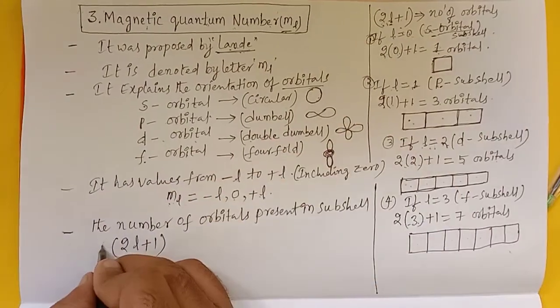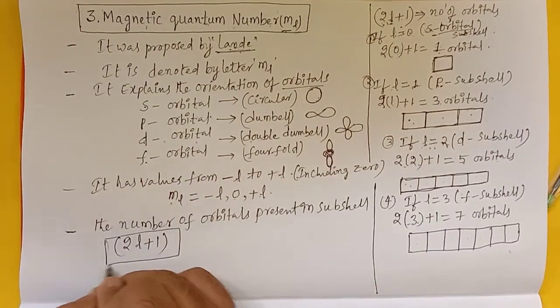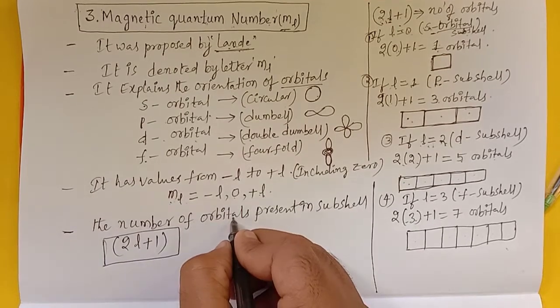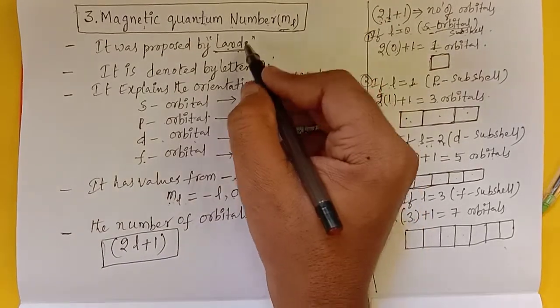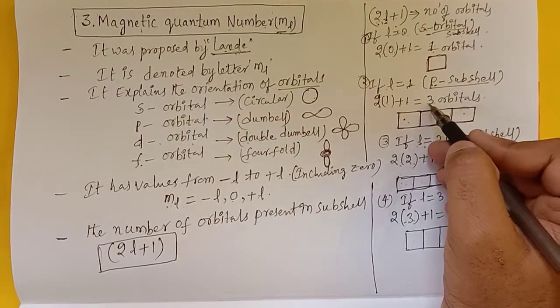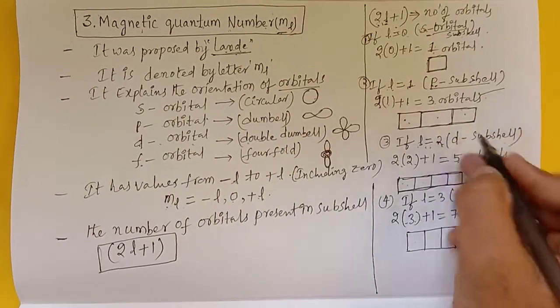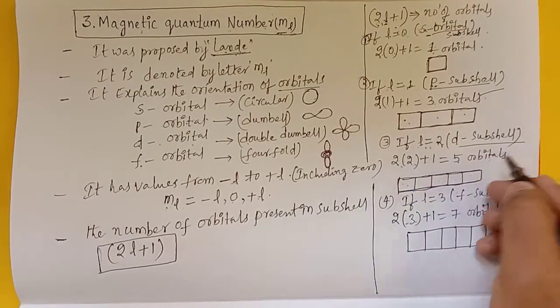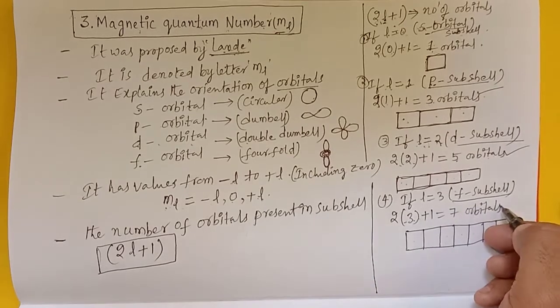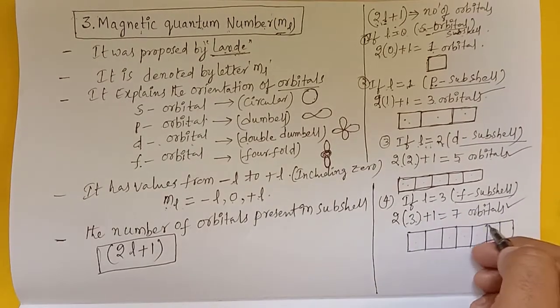You have to remember 2L plus 1 is used to calculate the number of orbitals, which was given by Lande. So in the P subshell there are 3 orbitals, in the D subshell 5 orbitals, and in the F subshell we get 7 orbitals.